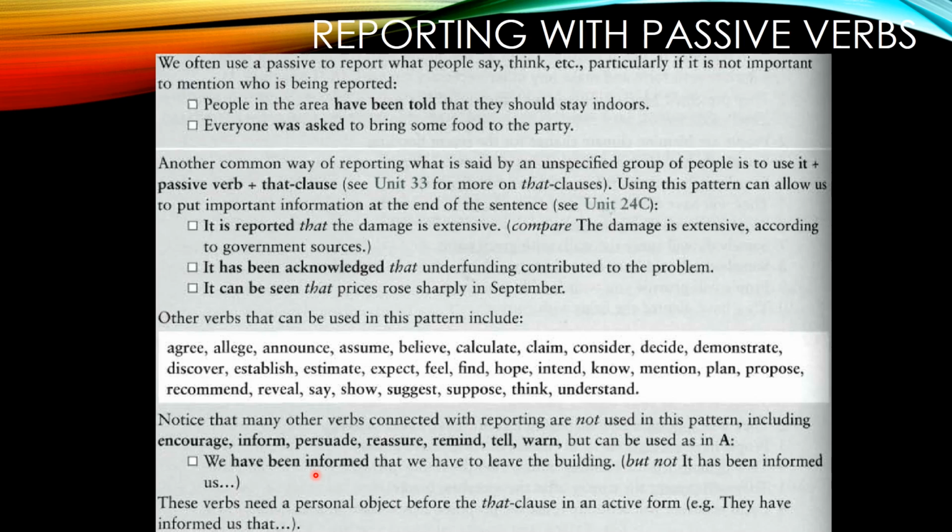These verbs need a personal object before the that clause in the active form. They have informed us that. So if we want to make a sentence something like this, it's better to use an active form then.